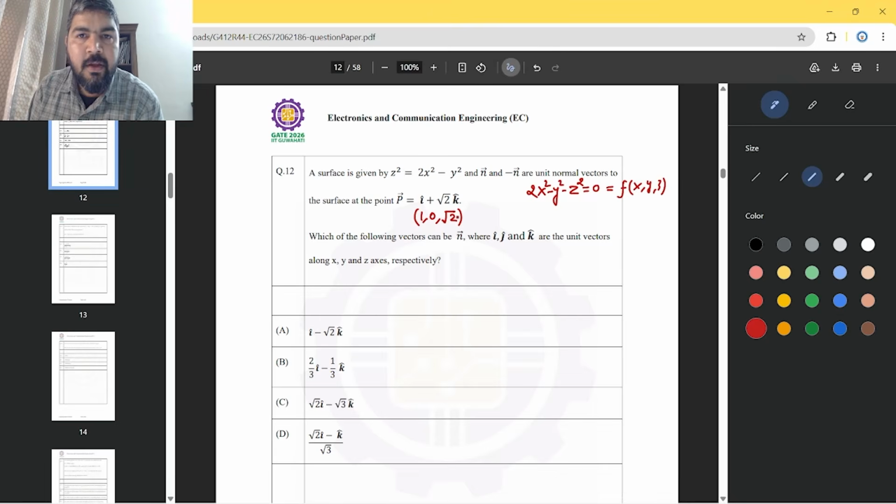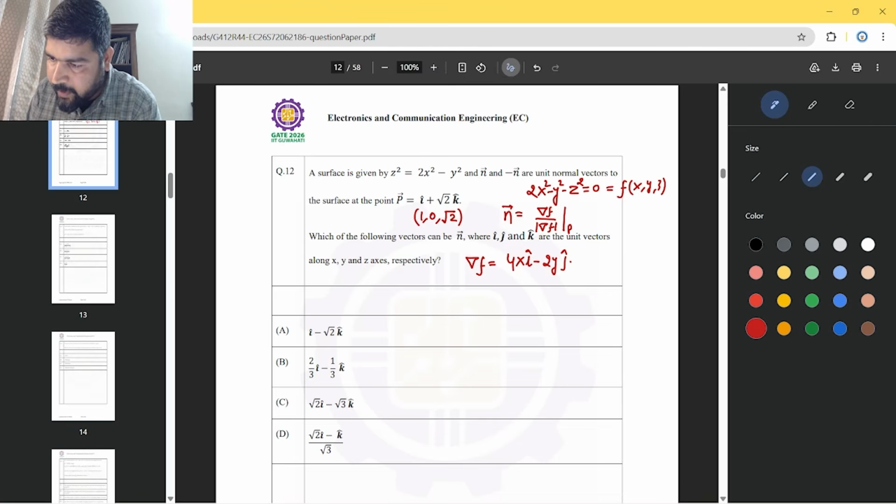At this point, the unit normal vector will be equal to gradient of f divided by the magnitude of gradient of f at this particular point P. Now what is the gradient of this scalar function? The gradient can be written as 4x i cap minus 2y j cap minus 2z k cap.